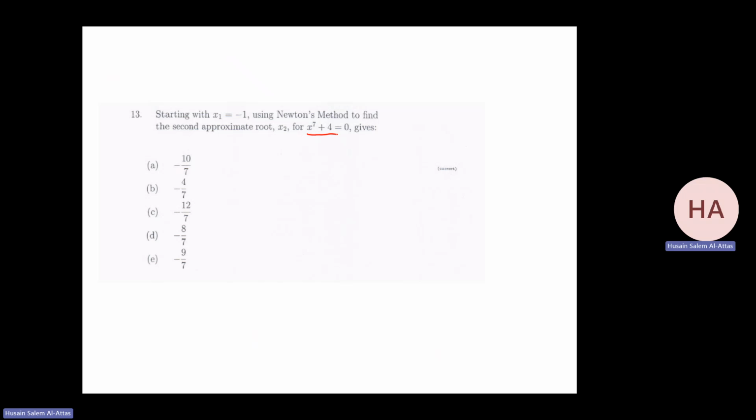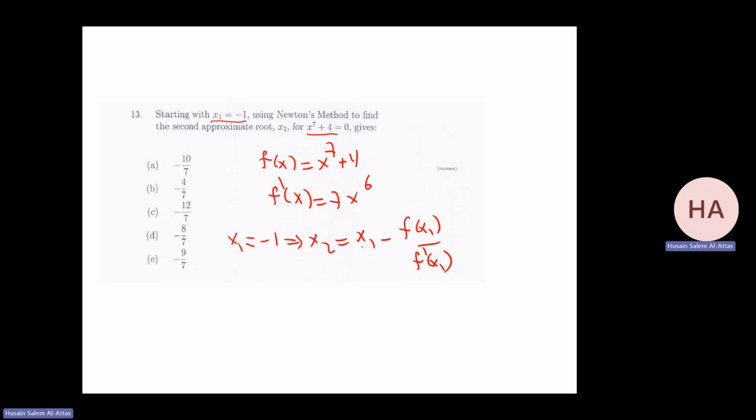Yeah, I have this. He gave me x1. He wants x2. So my f of x is x to the power 7 plus 4. F prime is 7x to the power 6. So I have x1, it is minus 1. x2 will be x1 minus f of x1 over f prime of x1.